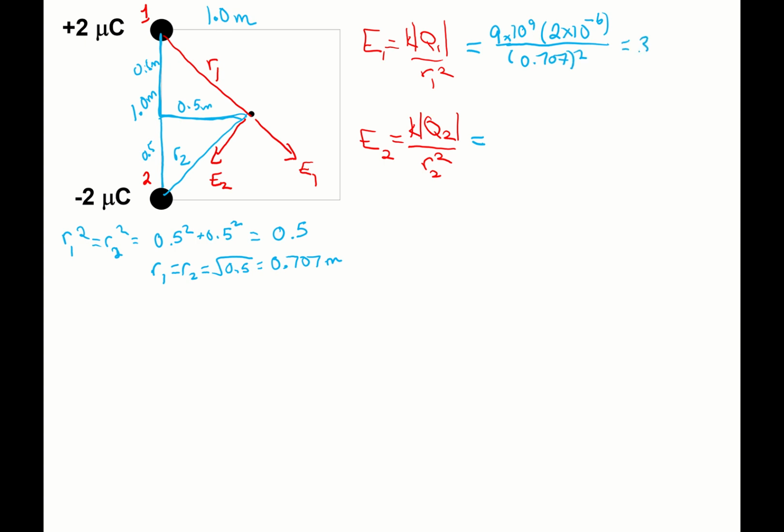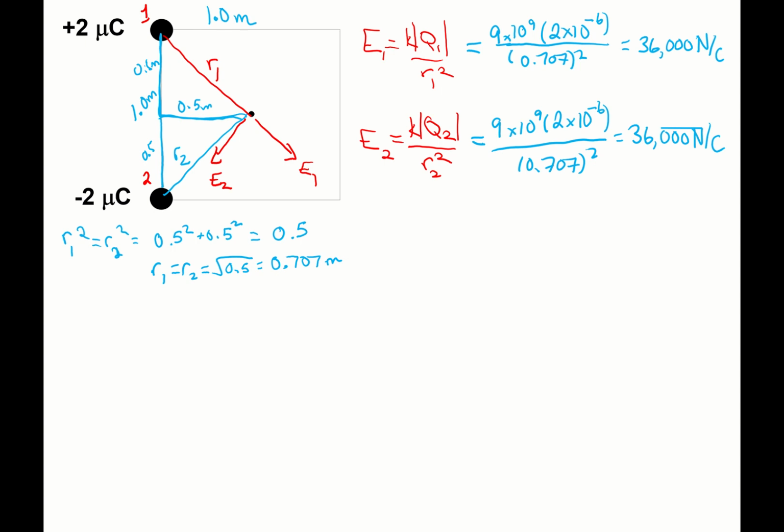So I get 36,000 newtons per coulomb. For E2, I should get exactly the same number, but let me go ahead and do it, again ignoring the fact that it's a negative charge. And I get, again, 36,000 newtons per coulomb.